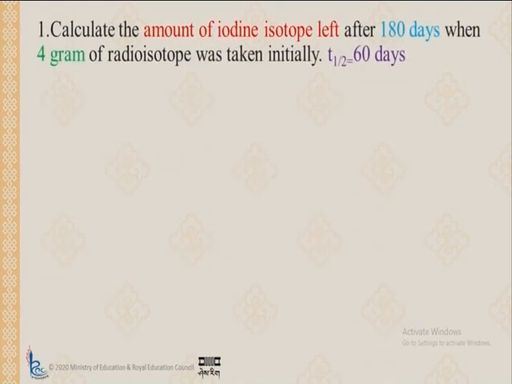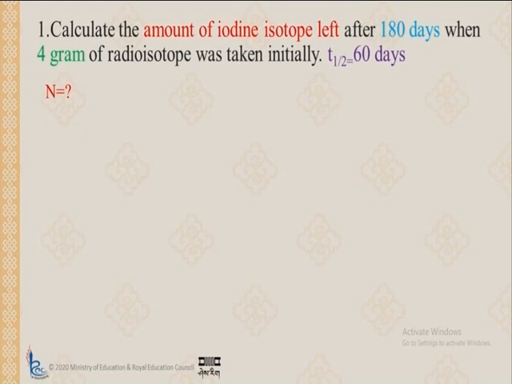Calculate the amount of iodine isotope left after 180 days when 4 gram of radioisotope was taken initially. So, what do you have to calculate? The amount of the substance left. This is denoted by letter N, and it is a question mark since you are asked to find this.